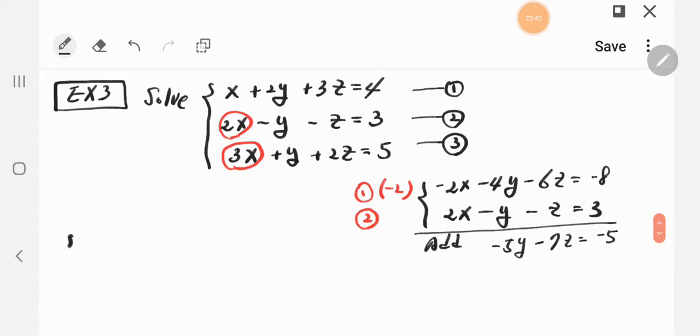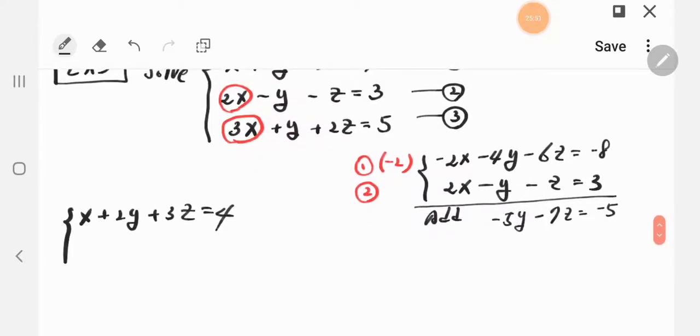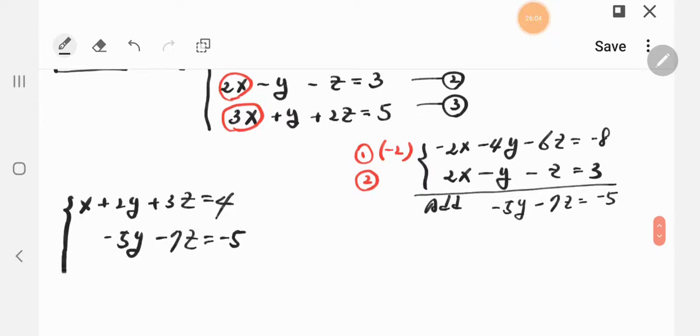So what we have is this: x plus 2y plus 3z equals 4. And the second equation will be replaced by our result, which is negative 5y minus 7z is equal to negative 5. And the third equation is 3x plus y plus 2z is equal to 5.